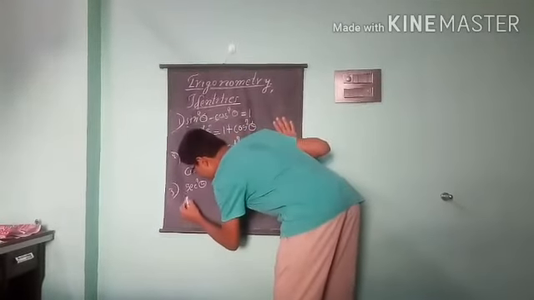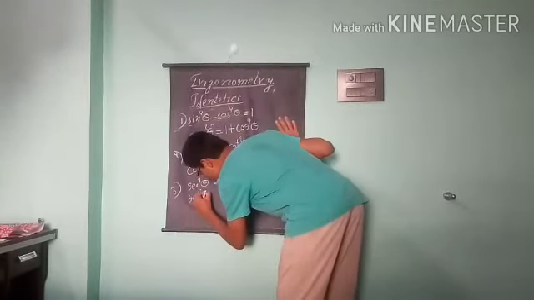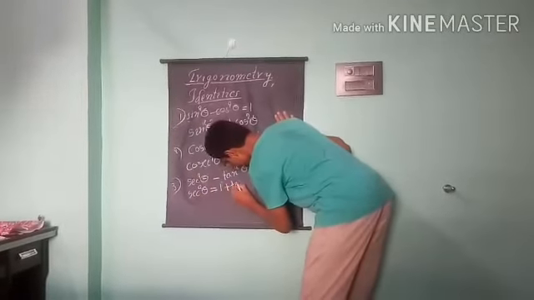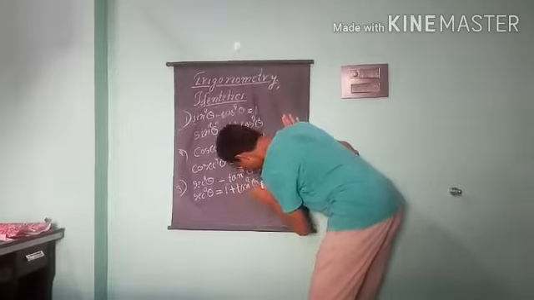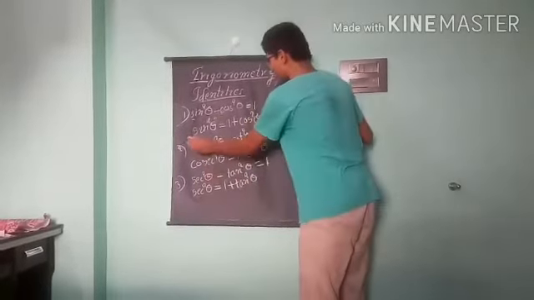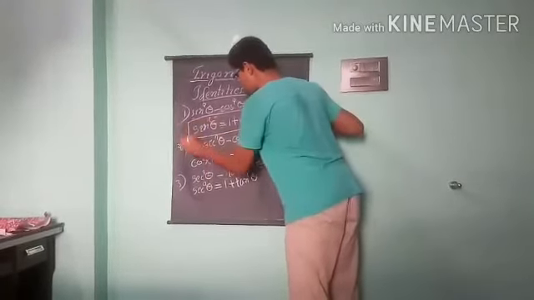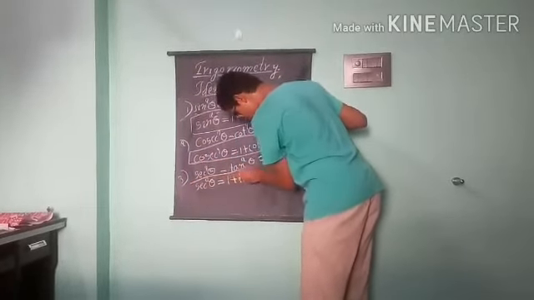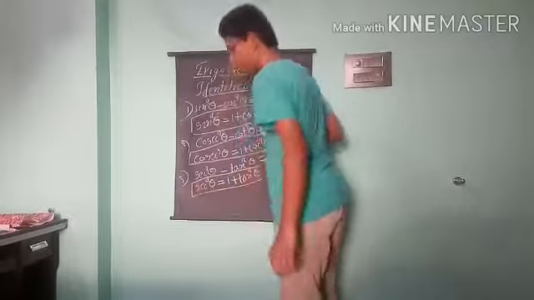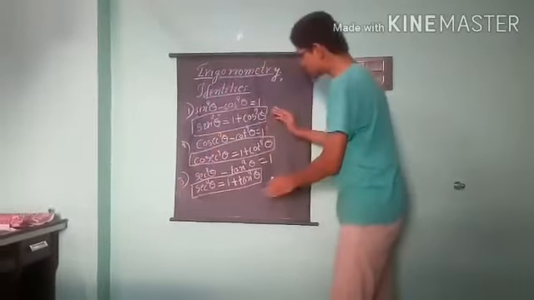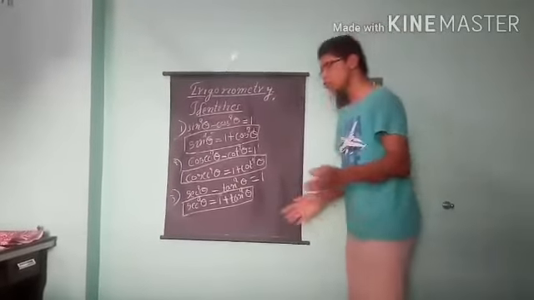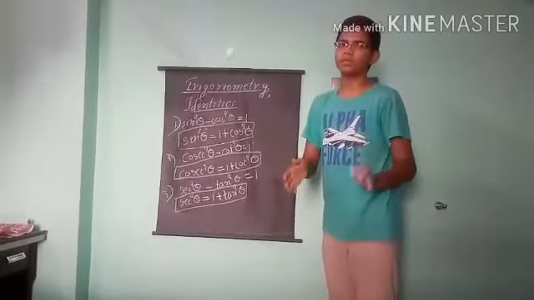Then secant square theta equals 1 plus tan square theta. These three solutions can be very useful in our problems. Okay, in these three identities, these proofs will be very useful in our problems.